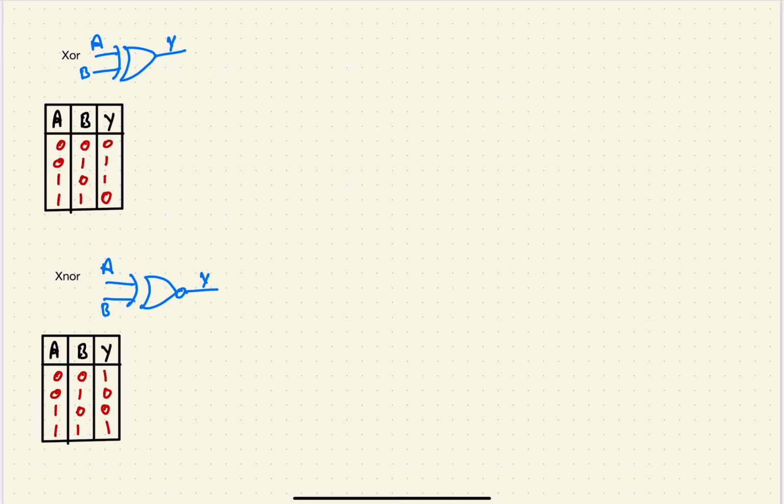So we make an inverter by making an input VCC. Whenever B is 0, Y is 1. Whenever B is 1, Y is 0. So it acts as an inverter.